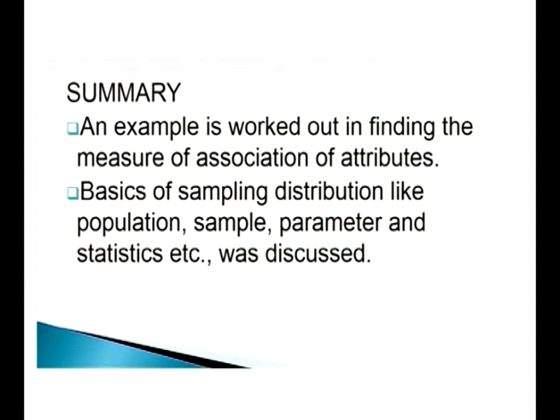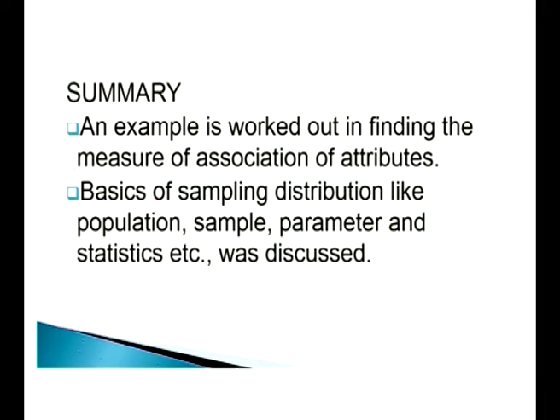Okay. After discussing the measure of association of attributes, and after working out an example in measure of association of attributes, we stepped into discussing a new topic called sampling distribution.